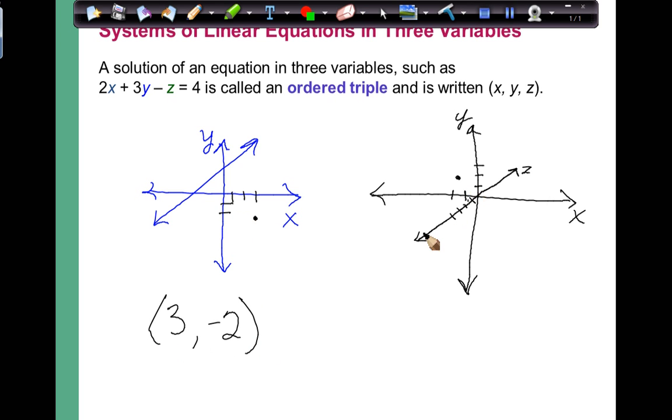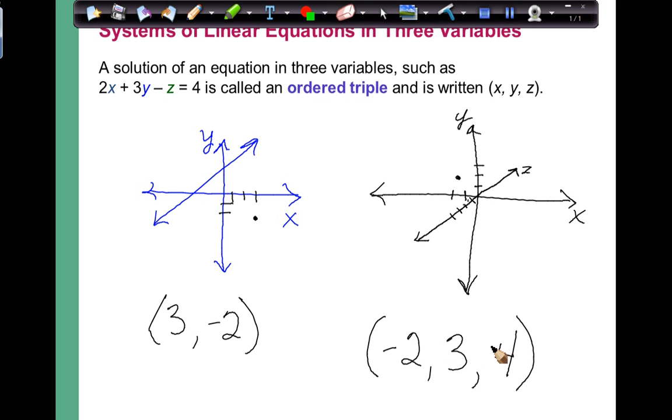Well, over here, if we want to represent this point as an ordered pair, we would need 3 coordinates. And so we would have -2 for the x coordinate, 3 for the y coordinate, and 4 for the z coordinate. And so it would not be an ordered pair, but an ordered triple, because it has 3 components.